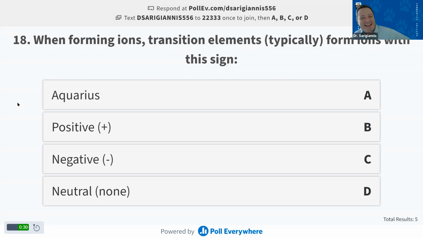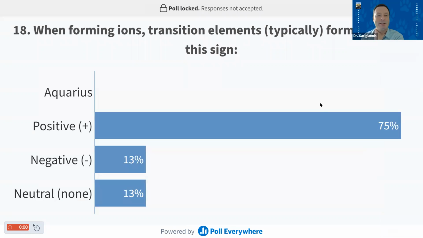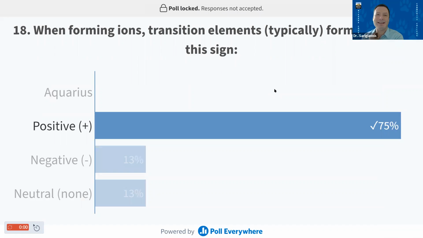Hey, Carbon, what's your sign? Positive, yes. Transition elements tend to form positive ions.